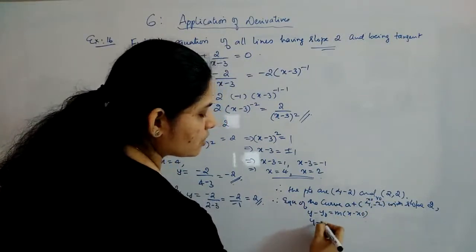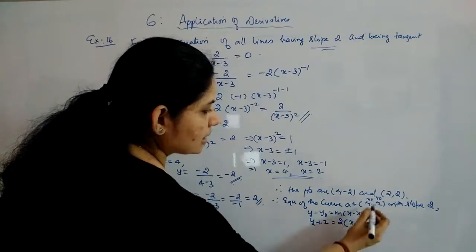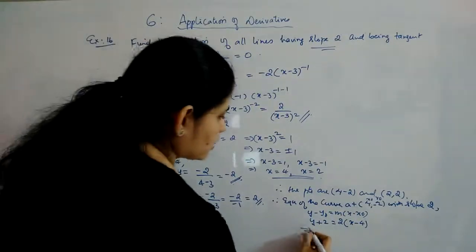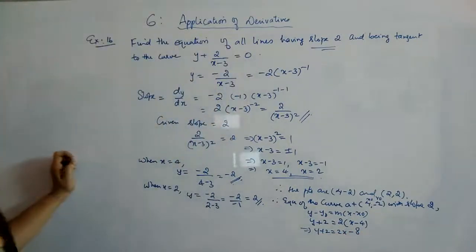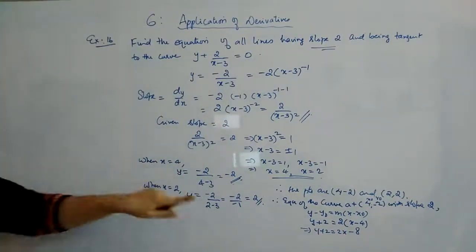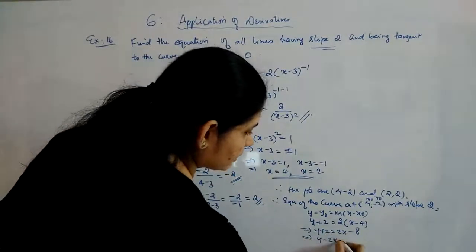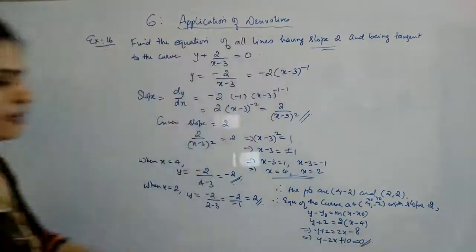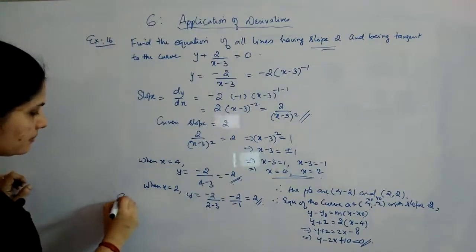So you will get y minus of minus 2, which is y plus 2, is equal to m, which is 2, into x minus 4, where 4 is your x naught. So you are getting y plus 2 is equal to 2x minus 8, or y minus 2x, and this will come here as plus 10. So y minus 2x plus 10 equal to 0 is one equation.